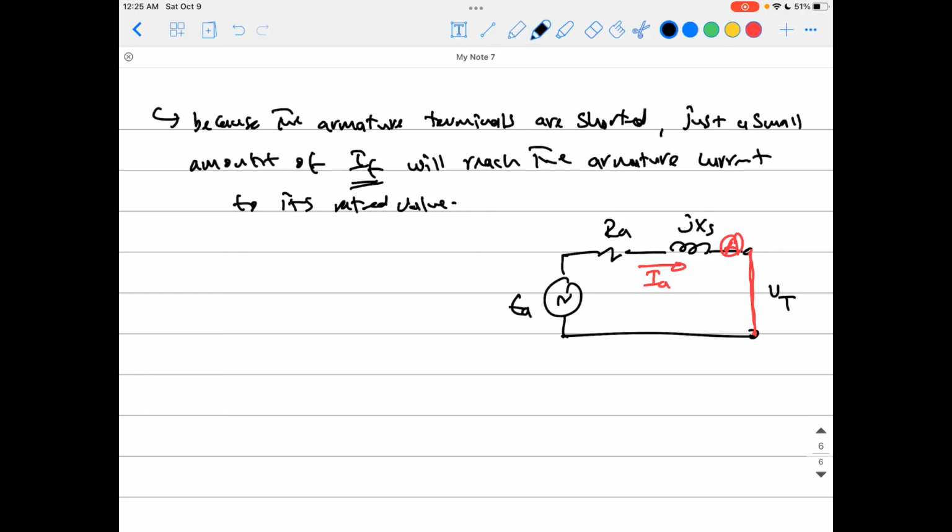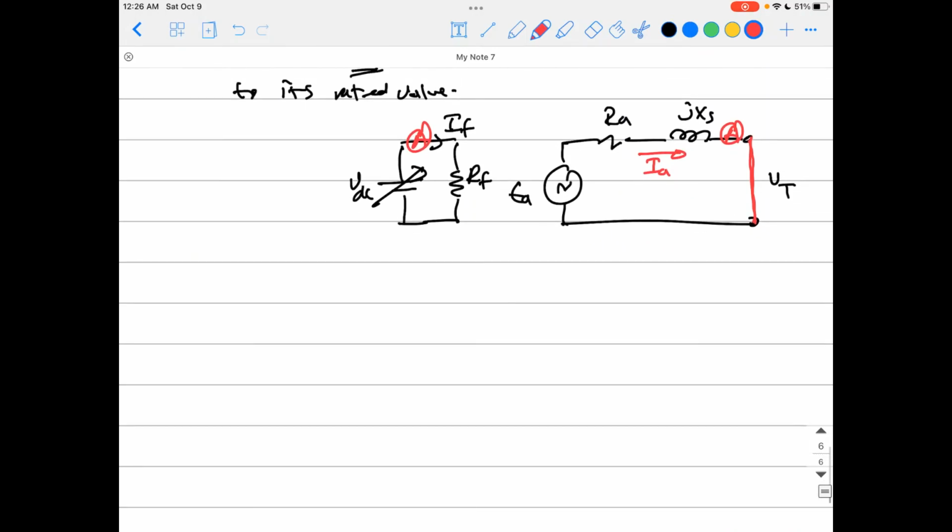And that is the field circuit, a variable V field on VDC, and that is the I field, and here we place another ammeter to measure IF. We gradually change this voltage, so I field will be changing gradually also, and this will cause IA to change also. So plot those together, IF and IA, that is IF and that is IA short circuit.